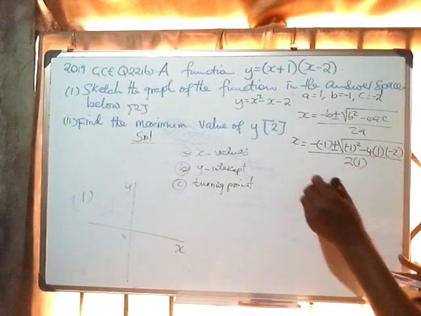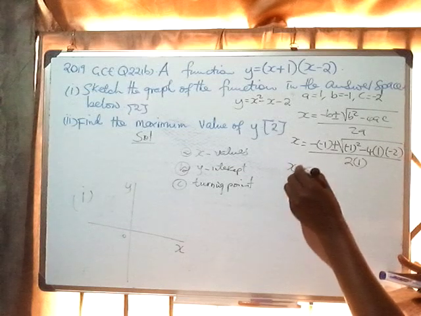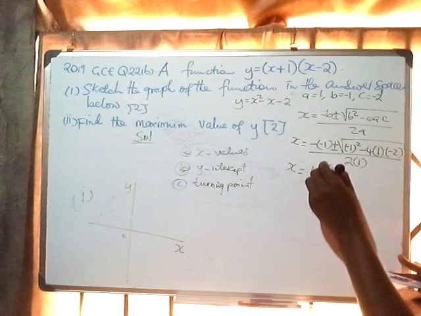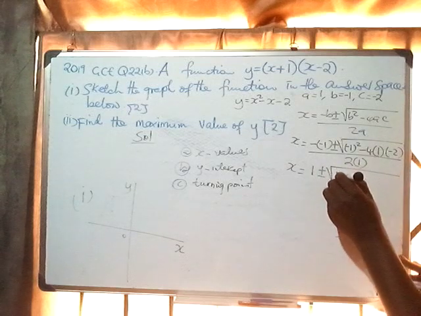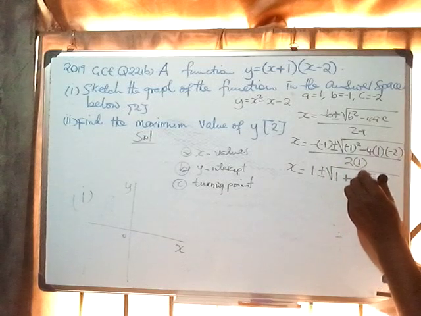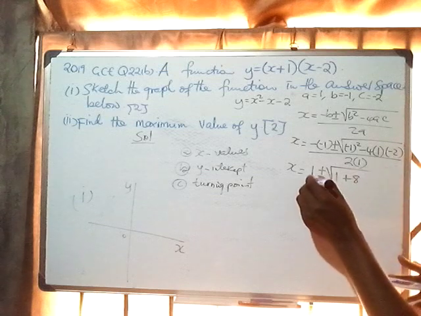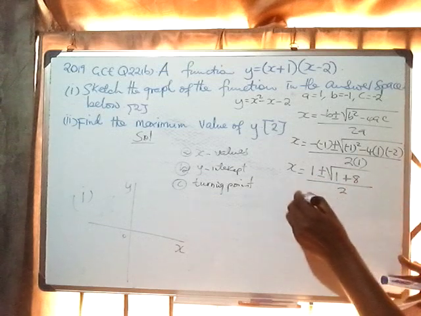So we are going to have x is equal to 1 plus or minus the square root of 1 plus 8, over 2.